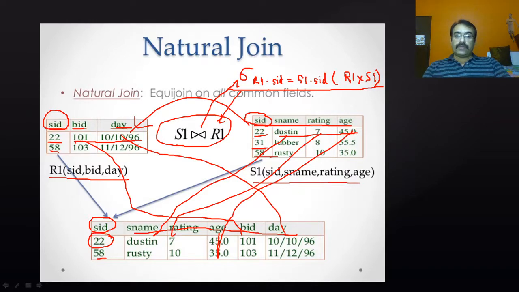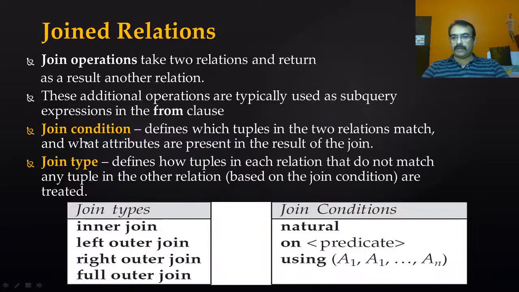Now what is the leftover? Leftover is this: the tuple with SID 31 in S1 is the leftover, which is not coming in the output. So that's what I am telling you here.